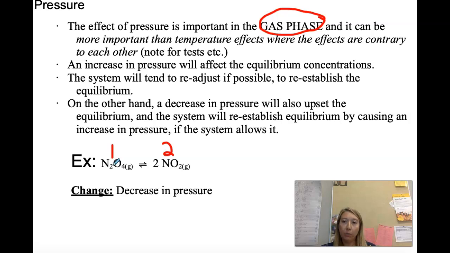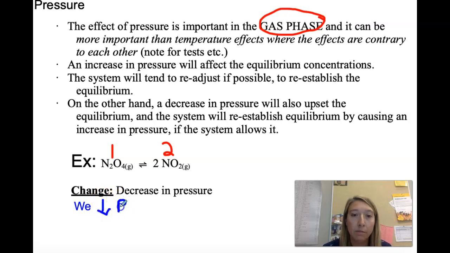So generally, pressure tends to be pretty straightforward. Count your gas molecules on both sides. If they're the same, there will be no shift. If they're different, we need to decide, is the system trying to increase or decrease it, and then we can go from there. So looking at this example, the change is a decrease in pressure. So that means we just decreased the pressure.